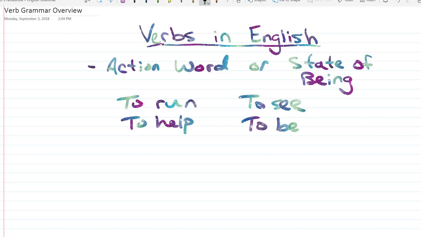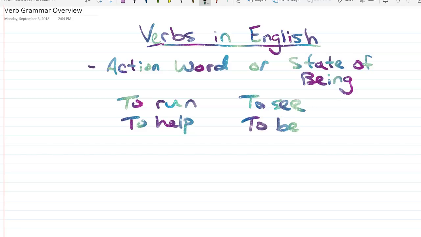And to be is one of those that's showing a state of being, right? To be cold, to be hot, to be sad, to be happy, anything like that. That's showing a state of being, just how you are or how someone else is. But all these other ones are actions, right? You can see things, you can run, you can go and help someone. Those are all actions. But state of being might be something that you might not really get.